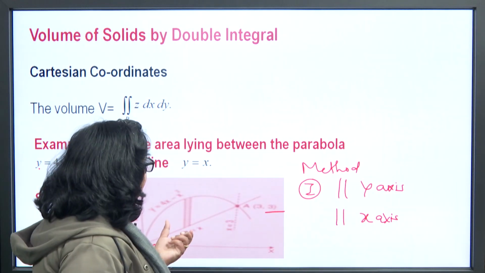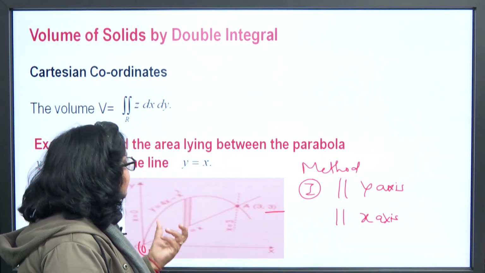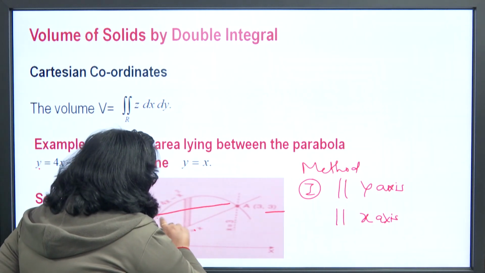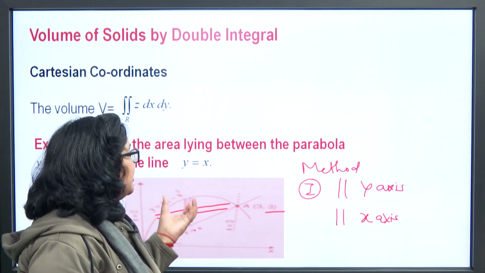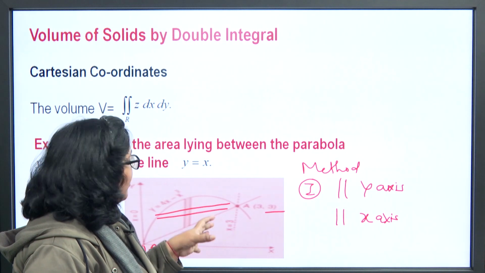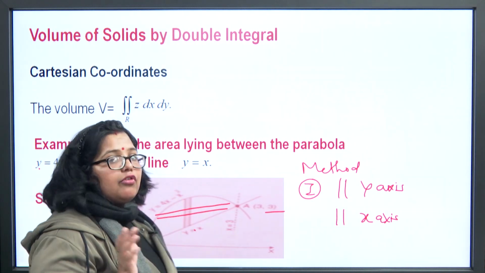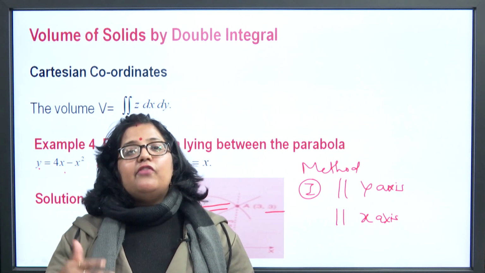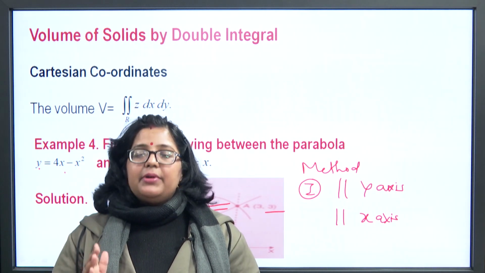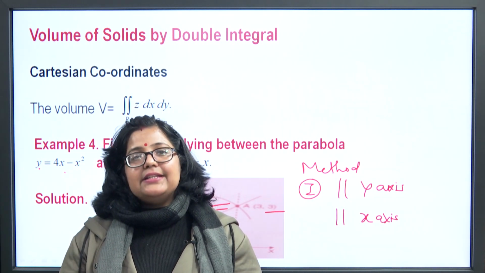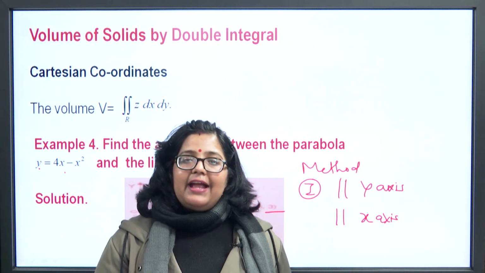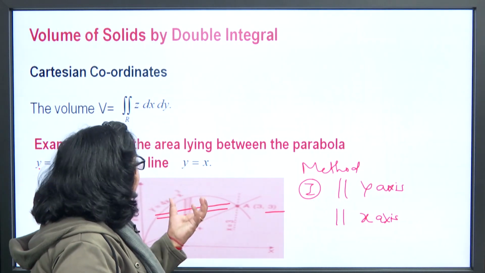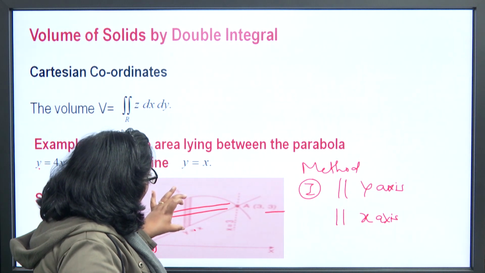If we draw the strip parallel to the y axis, we find the limits in the function of x. If we draw the strip parallel to the x axis, we find the limit for x in the function of y. So we first solve this by drawing the strip parallel to the y axis.